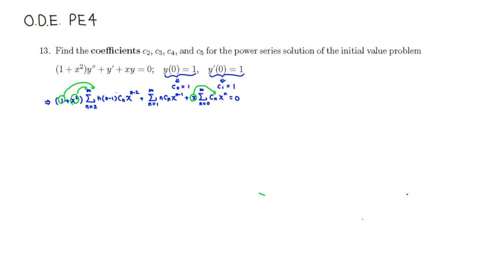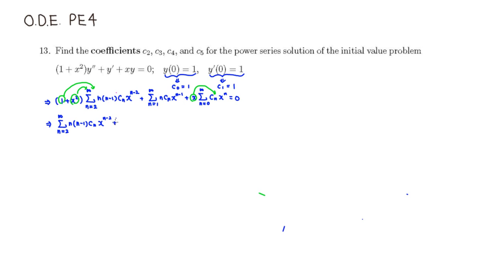So 1 times that is going to be summation, n goes from 2 to infinity, n times n minus 1, Cn x to the n minus 2.